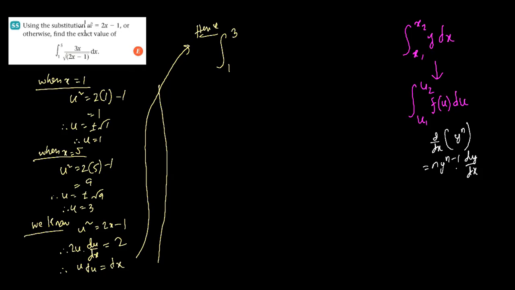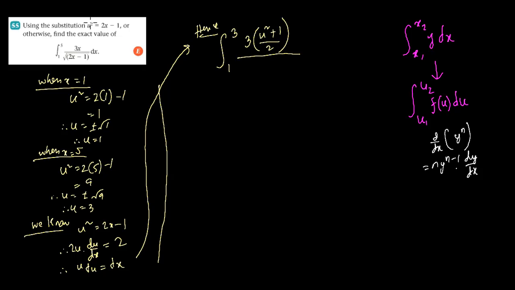It becomes u squared, and then dividing by 2. So I can just find an expression for x. So it would be 3, and for x I can write u squared plus 1 divided by 2, so I'm just rearranging this algebraic term and finding an expression for x. Now divided by square root of 2x minus 1.